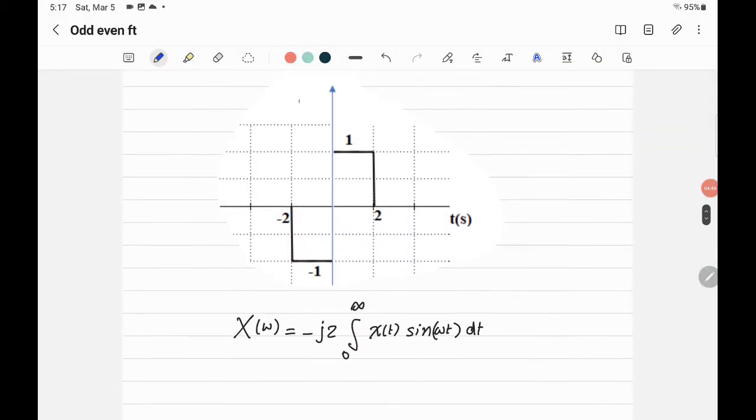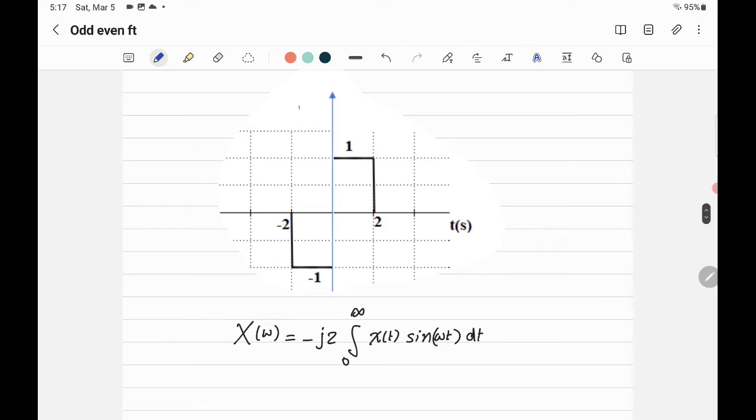Well, let's look at another signal, like the signal we have here in this figure. If you look at this signal, you will see it's an odd signal. How do you know it's an odd signal? When x of negative t is equal to negative x of t, or in other words, it's symmetric about the origin.